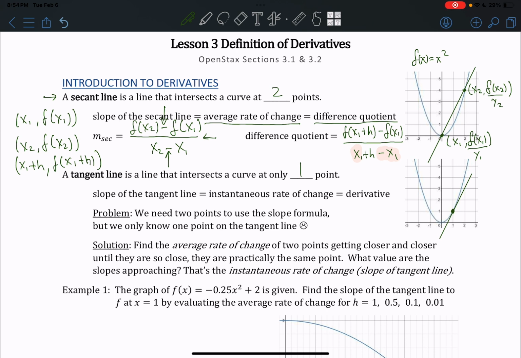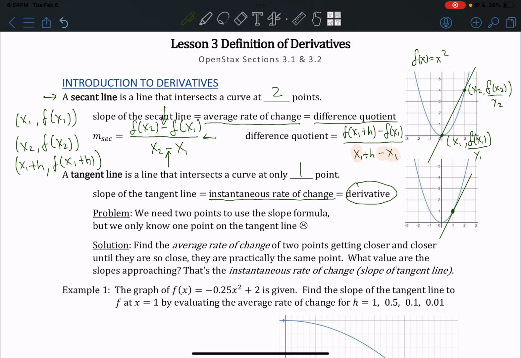At this point, that line I just drew intersects the curve of the function at exactly one point, right? So this is even more meaningful for us. The slope of the tangent line is now the instantaneous rate of change. And this, ladies and gents, is known as the derivative.